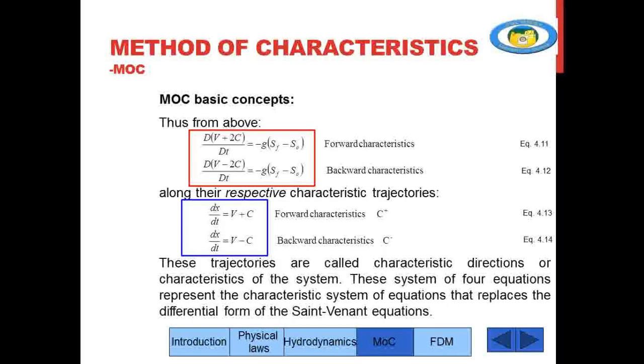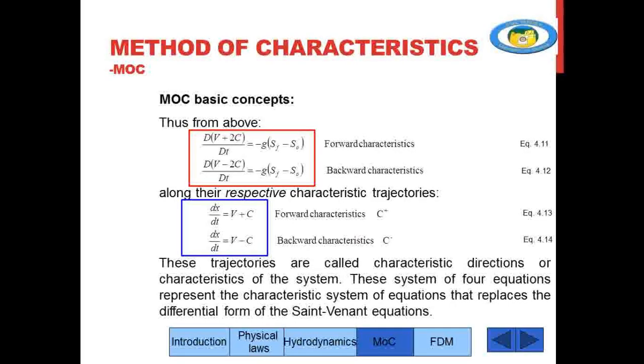Now, these two equations, these trajectories, would form characteristics along certain respective characteristic trajectories.